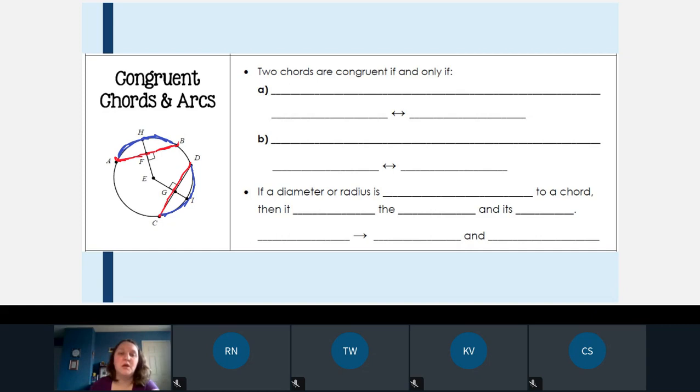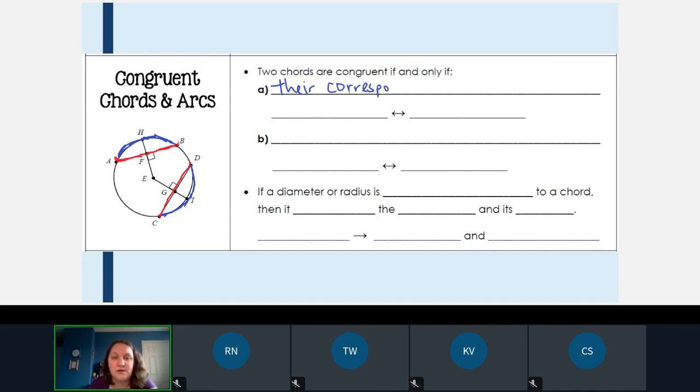Okay, so today we're going to talk about if those two chords are congruent. So if AB is congruent to CD, what happens? Well, the two chords will be congruent if and only if their corresponding arcs are congruent. Okay, so let me write that and then I'll talk about it a little more.